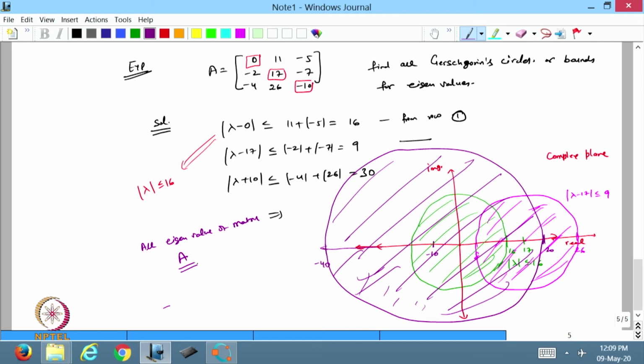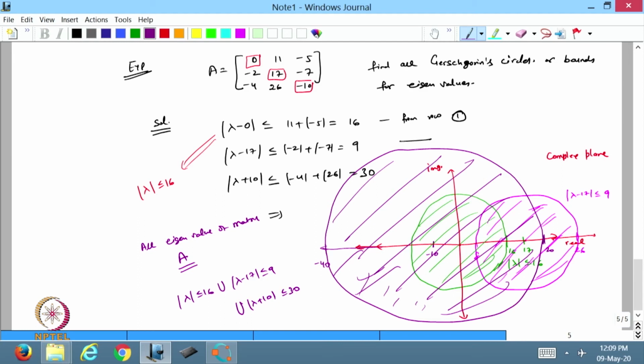So, from here I can find all the eigenvalues of the matrix A in lambda less than or equal to 16, this is the first disk, union lambda minus 17 less than or equal to 9, union lambda plus 10 less than or equal to 30.